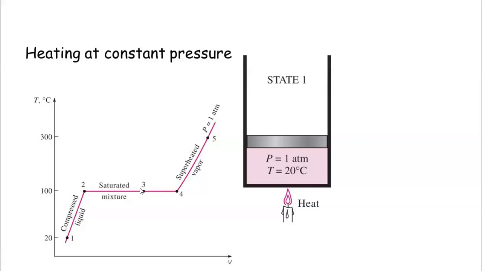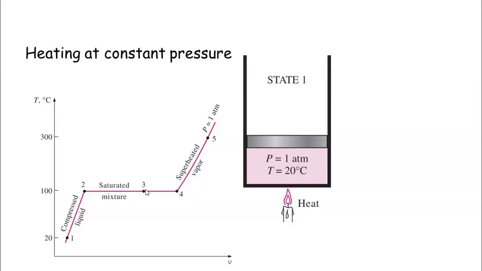If you want to find the enthalpy at state 3, it is the enthalpy of wet steam and it is found as hf plus x times hfg. Note that from 2 to 4, the heat required is hfg, which is hg minus hf, and it is nothing but the latent heat of vaporization. So the enthalpy at 3 is hf plus x times hfg.